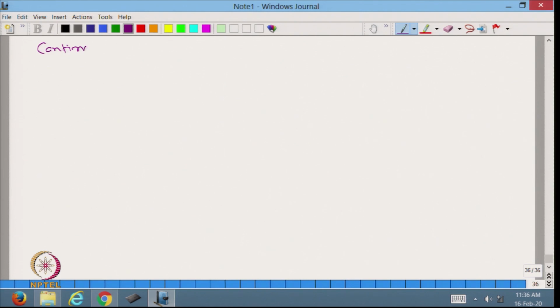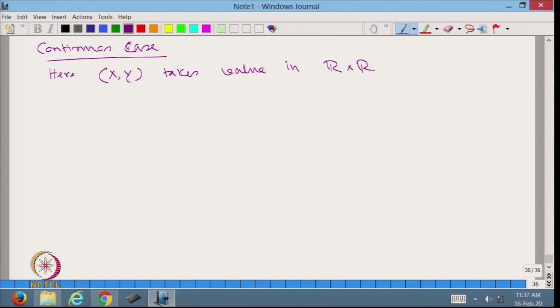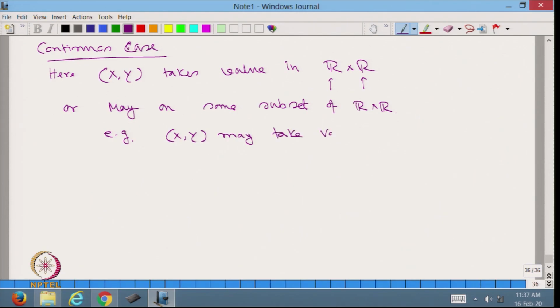Continuous case. Here (x, y) takes value in R cross R, that means x can take any real number value and y can take any real number value, or maybe on some subset of R cross R. For example, (x, y) may take value in the rectangle [a, b] cross [c, d].